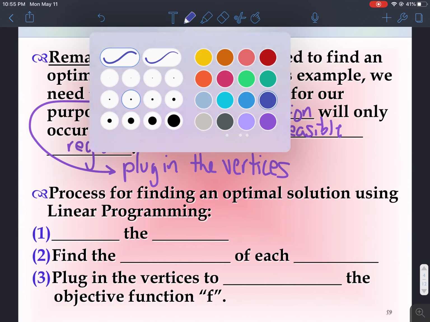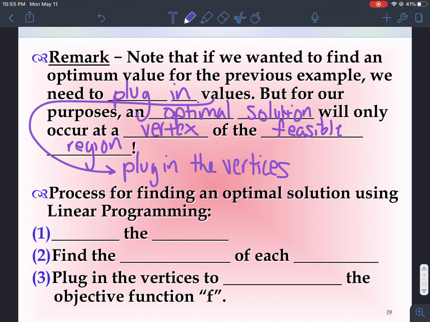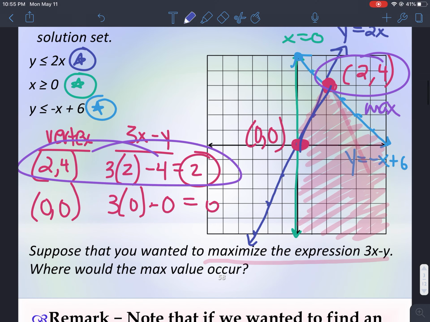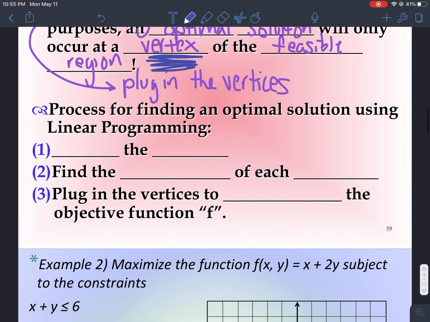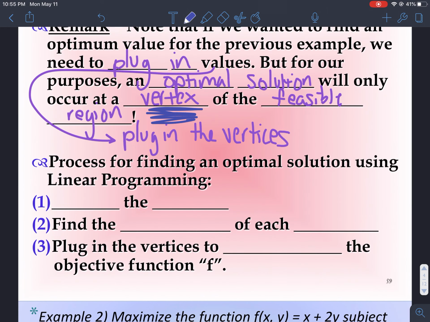There's a few things going on here. First, for now, understand that we just have to look at the vertex of the shape that we make. This one's kind of like a house, and it goes on forever that way. The second thing is, what is feasible region? The feasible region is the same thing as the solution set.